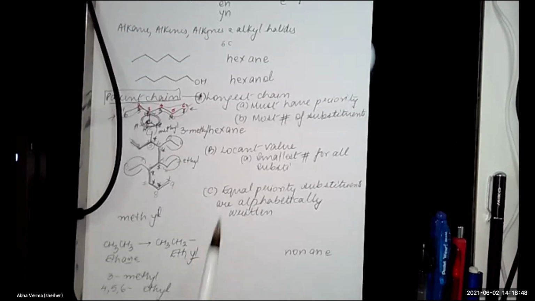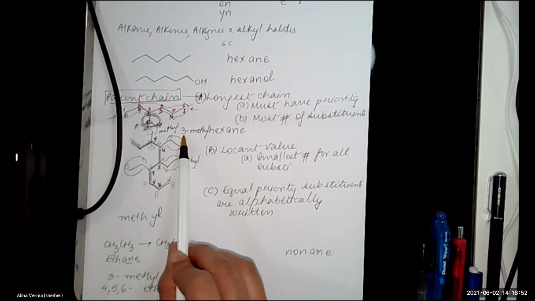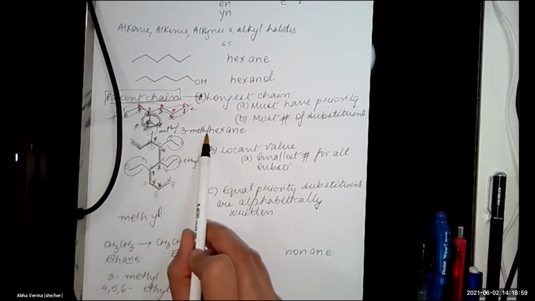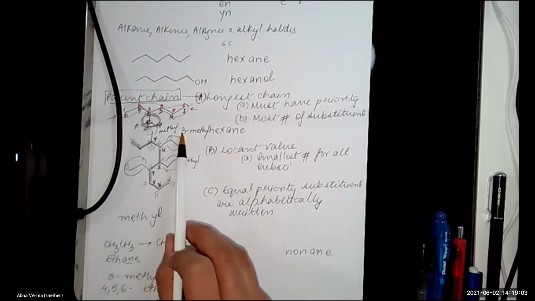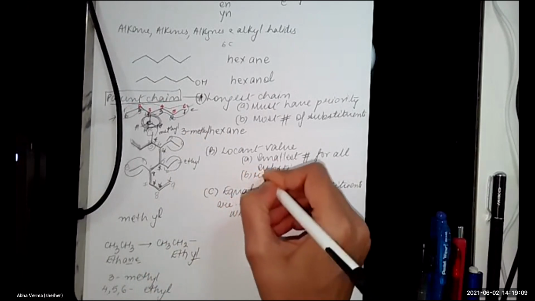Now, before we number our name, always remember that between a number and an alphabet, you have to give a hyphen. There is no space between any of the alphabets, but between a number and an alphabet, you have to give a hyphen.